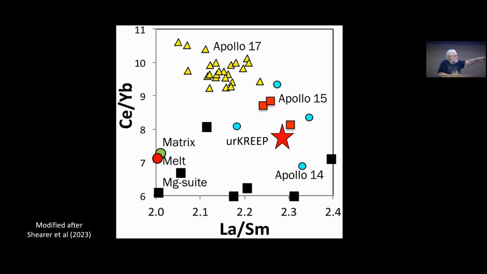This shows the KREEP basalts and the urKREEP in the upper right-hand corner, some of the data we have for the magnesium suite cumulates shown in the boxes, which maybe is comparing apples with oranges when you're comparing it to the basalts. But this also illustrates the melt composition, which is a bit different from the KREEP basalts.